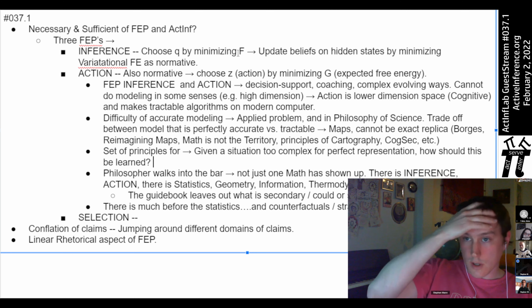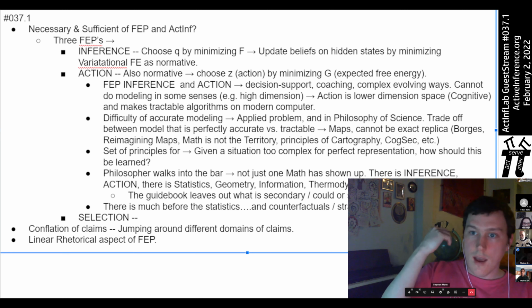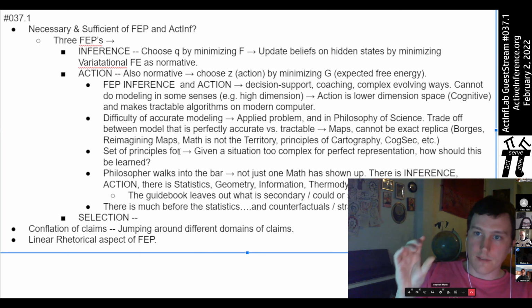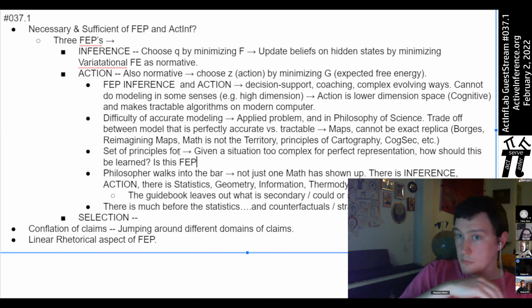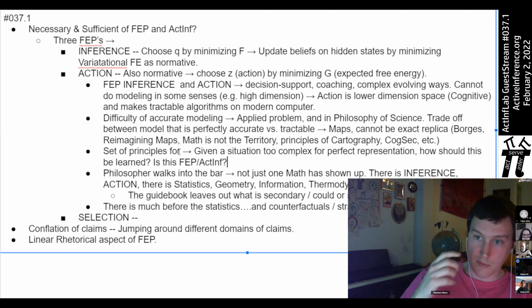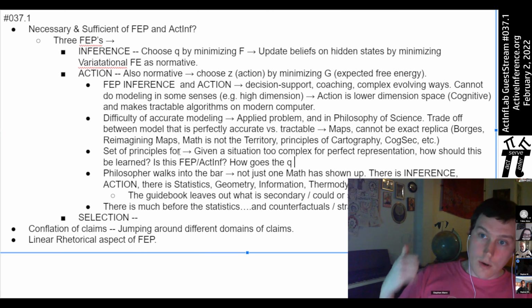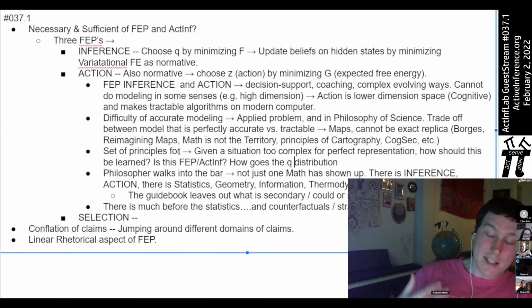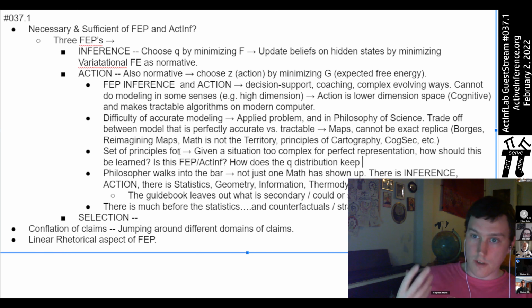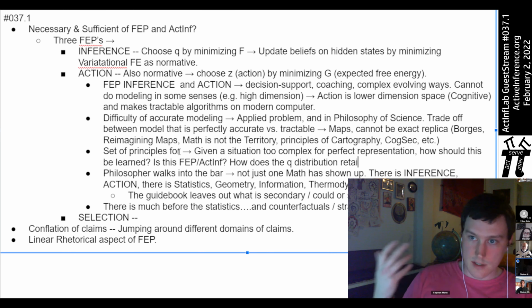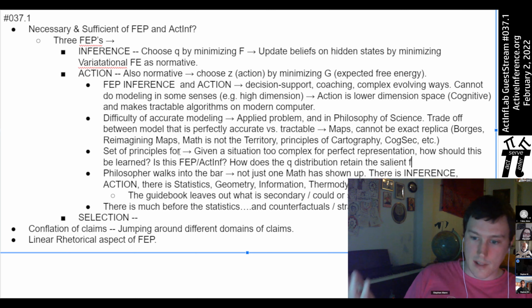So the question, coming back to the formalism, would be, how do you choose a kind of Q distribution, your approximate distribution, the thing that you're going to harbor in your brain and believe, that throws out enough of the useless stuff of the real world, but keeps in enough of the stuff that you really need to keep in the world? This is sort of one of the big questions in philosophy of science, and I guess science proper, at like the early 21st century.